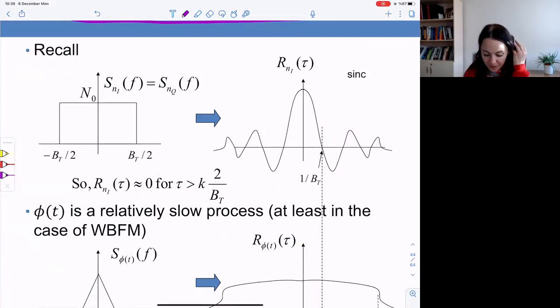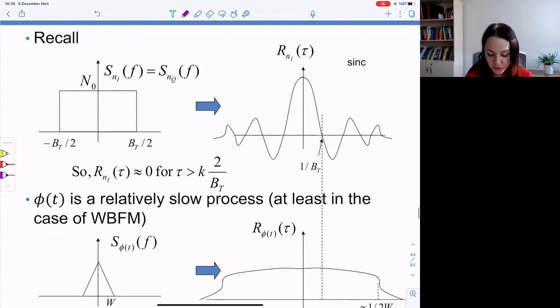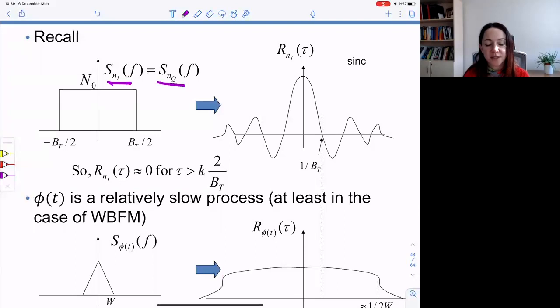Now, a little bit more approximation is unfortunately needed. Notice that these are the power spectral densities of the in-phase and quadrature noise components. Ideally, they're like a rect function. But this means that the corresponding autocorrelation is going to look like a sinc function.